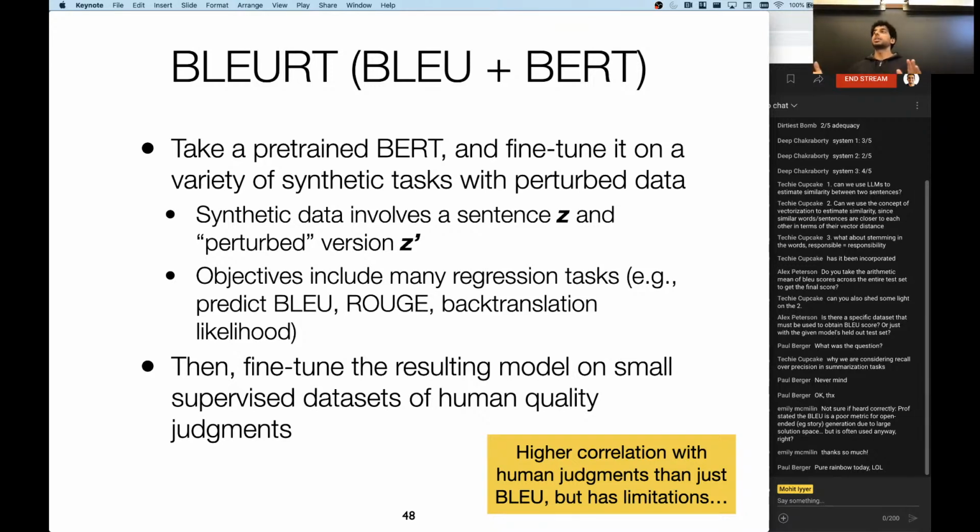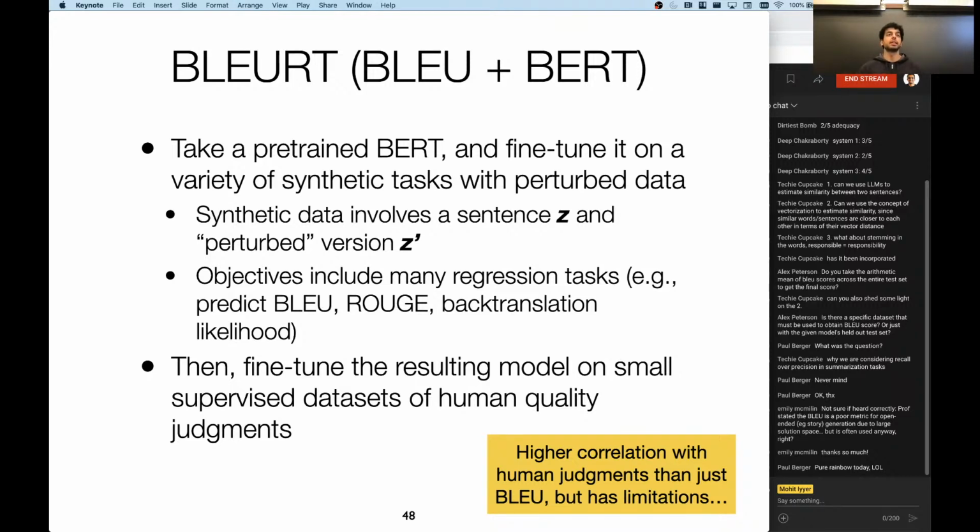You can imagine that the human judgments might be collected only on a limited array of language directions, like source language to target language. You might not have data for, say, Polish to Japanese translation, but you might have judgments for English to Japanese and Polish to English or something like that. So in order for these kinds of learned metrics to generalize across many different languages, what they do is they start with a pre-trained multilingual model.